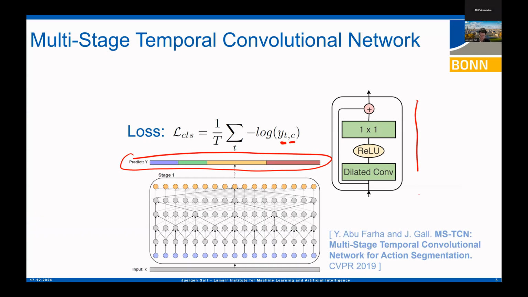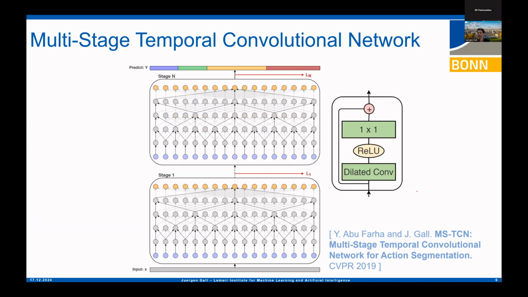On the right-hand side are the building blocks. It's a standard dilated convolution over time, then a standard rectified linear unit, a 1 times 1 convolution to reduce the number of feature channels, and then a skip connection. However, in order to make it work, we reset the dilation factor after some layers.